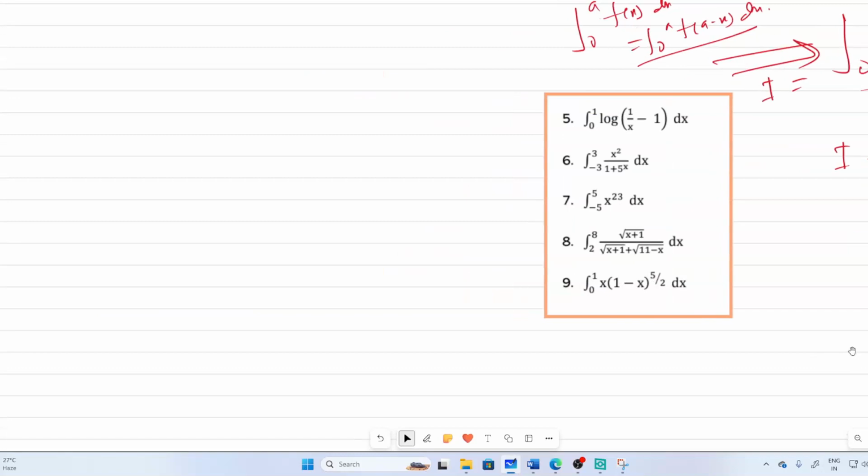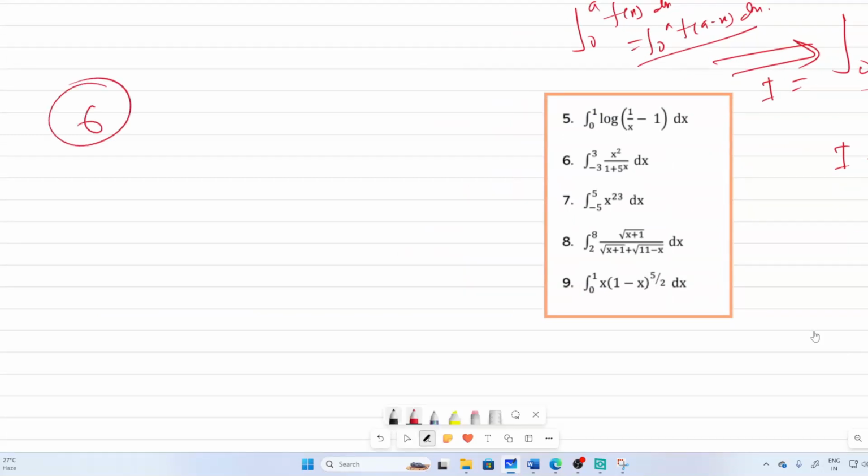Next one, for number 6. It's a very interesting problem. For a to b, you go through the third property: a to b f(x) dx is a to b f(a plus b minus x) dx.